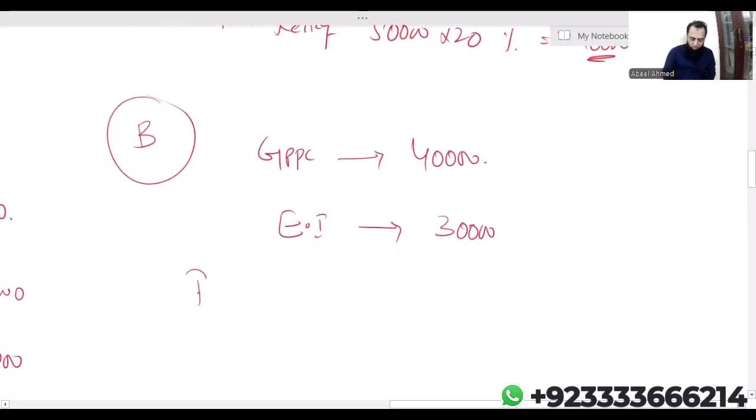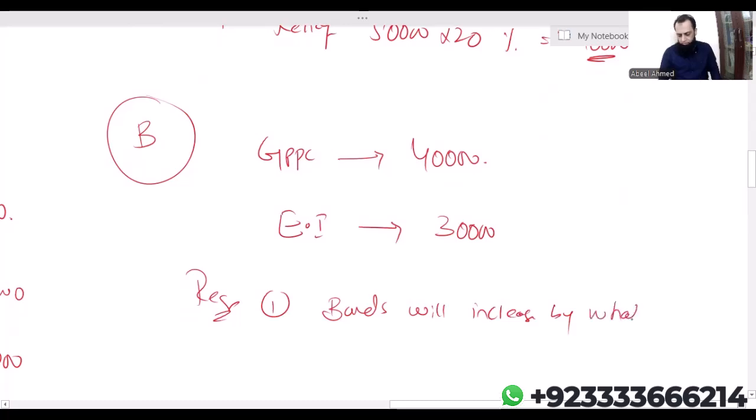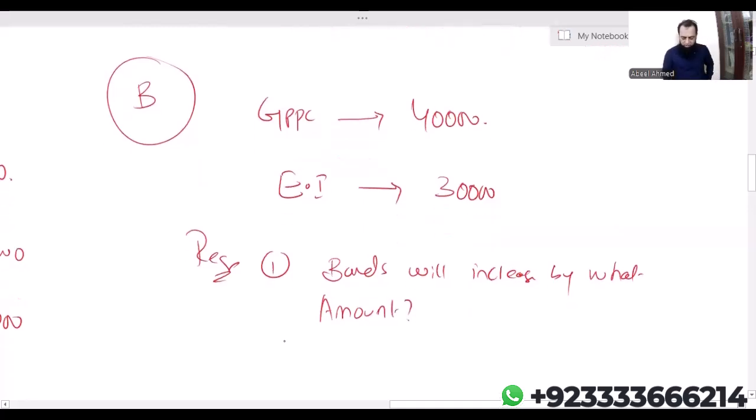The requirements are, number one, the basic and higher rate bands will increase by what amount? You have to first tell us by what amount the bands will increase. And the second is tax relief, which means how much is paid by HMRC.